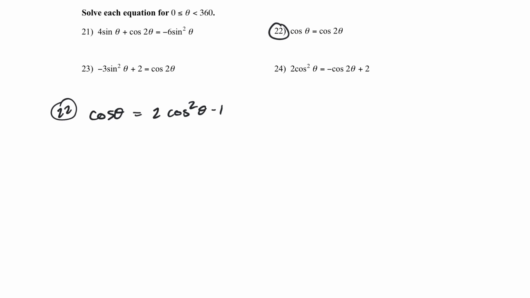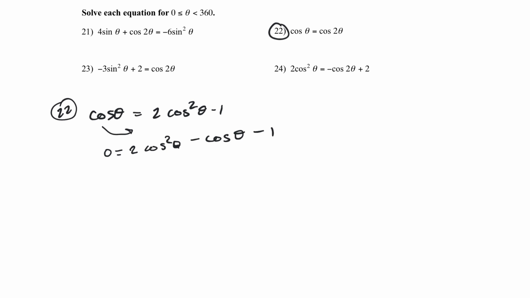I'm going to bring it over to this side. So we're going to have 0 equals 2 cosine squared theta minus cosine theta minus 1. The goal here is to keep that squared term positive. It's going to make my factorization easier.